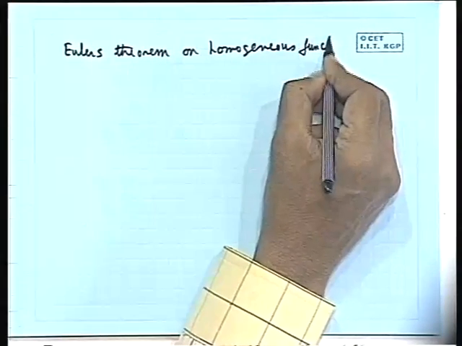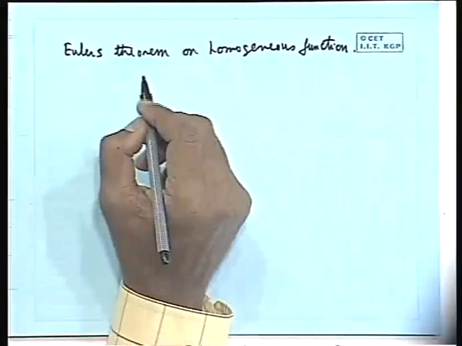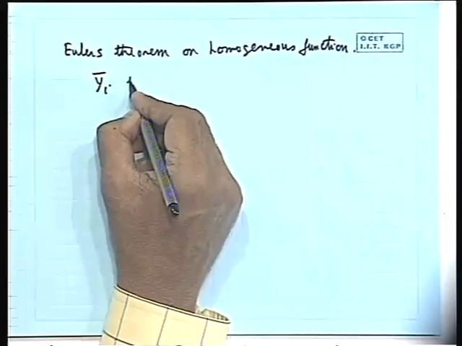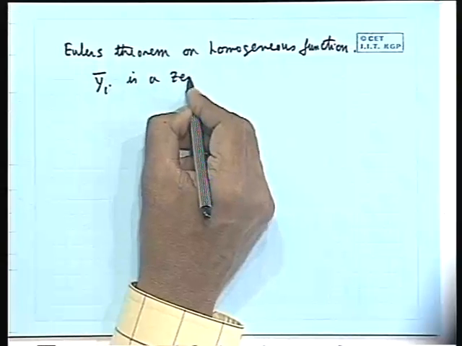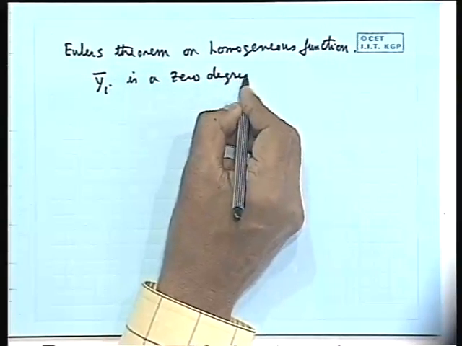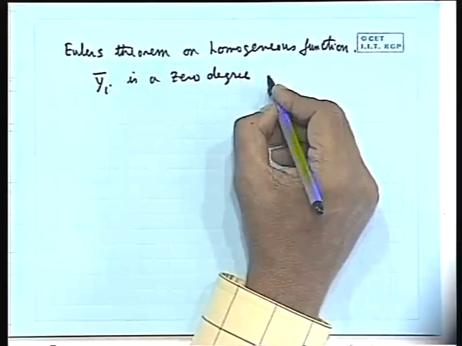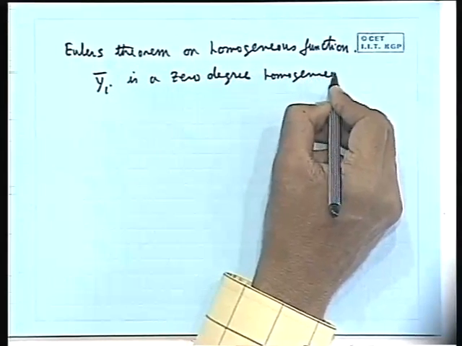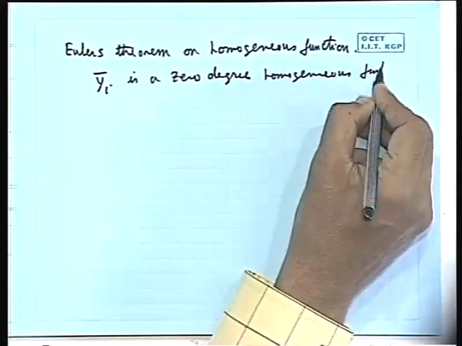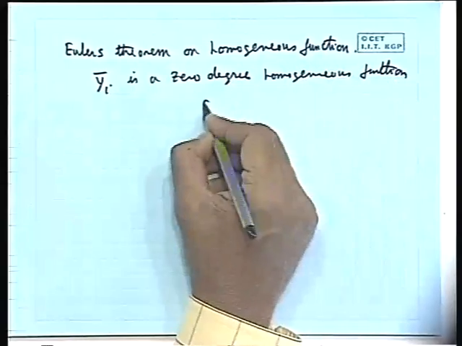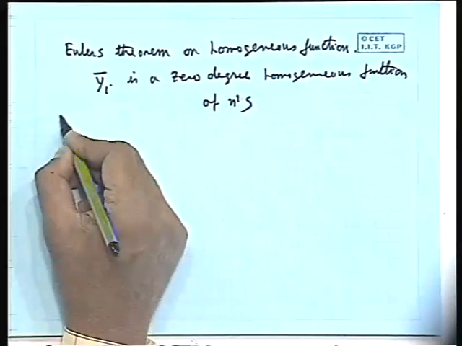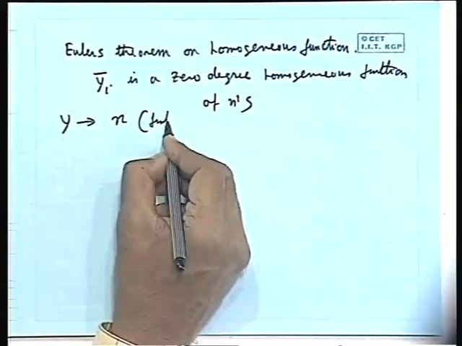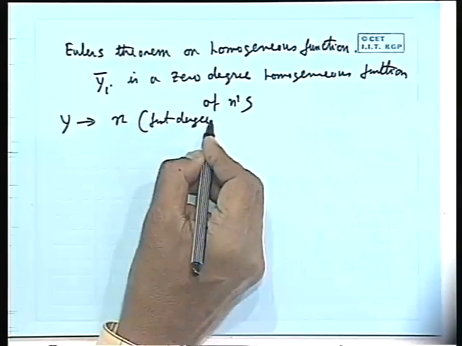Considering that Yi bar is a 0 degree homogeneous function of n's. Obviously, because Y is a first degree homogeneous function of n, because Y is an extensive property.